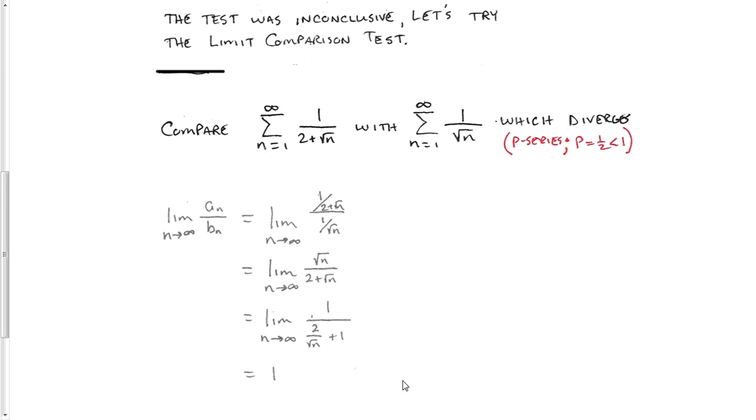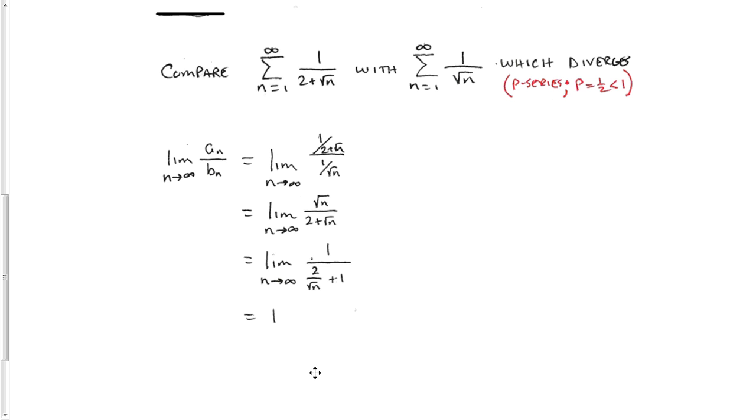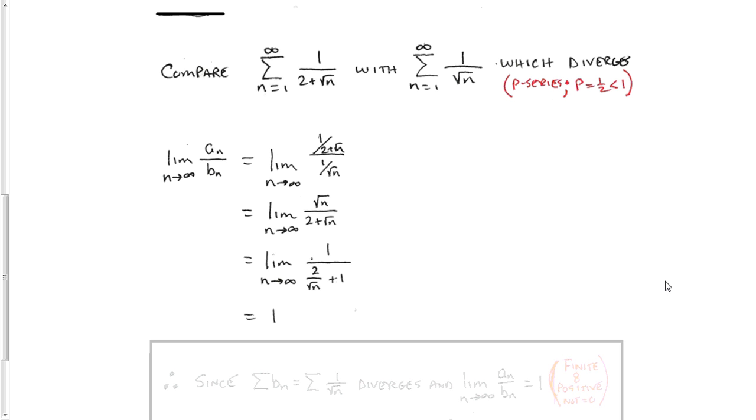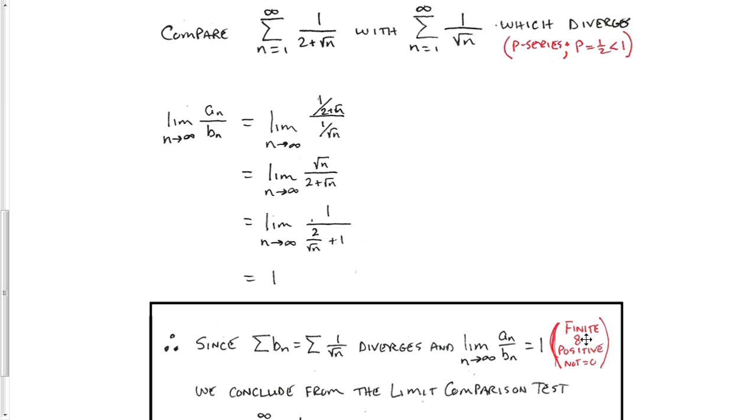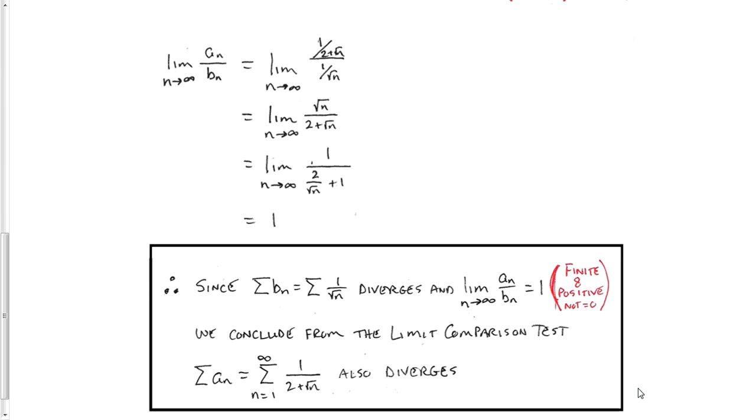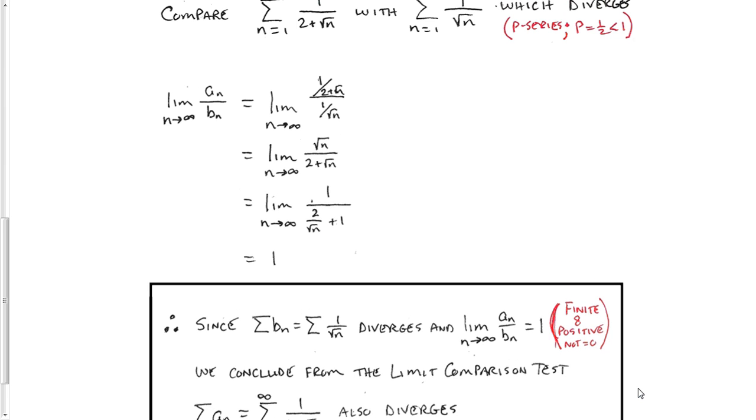Now, the significance is that we have a limit here of those terms that is equal to 1, that ratio that's equal to 1. That limit is finite and positive. It's not 0, it's finite and positive. And so we conclude from the limit comparison test that both must converge or both must diverge.